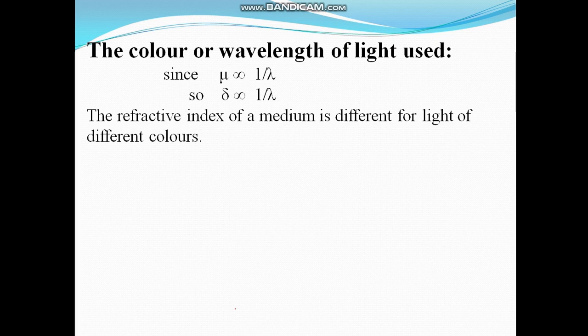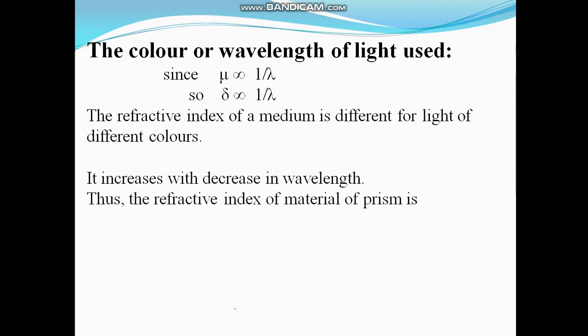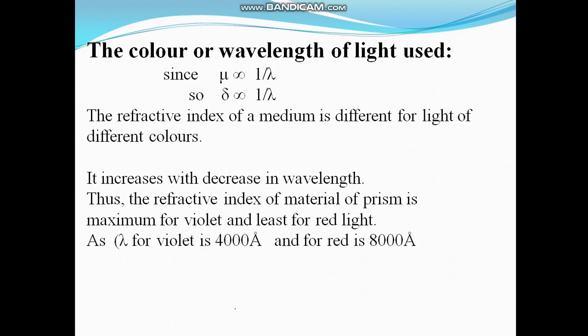The refractive index of a medium is different for light of different colors. It increases with decrease in wavelength. Thus, the refractive index of the material of the prism is maximum for violet and least for red light.